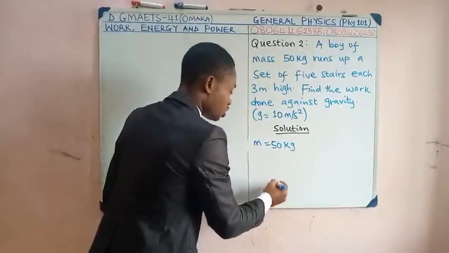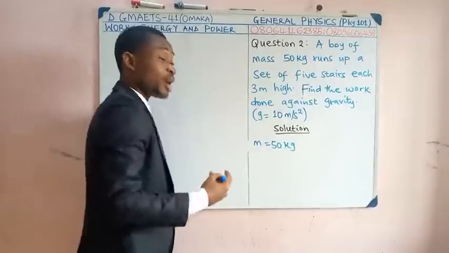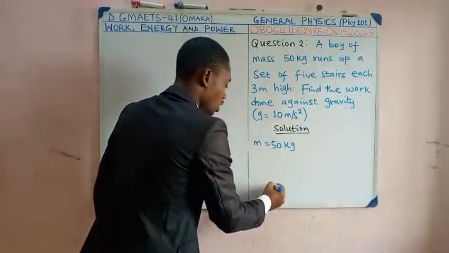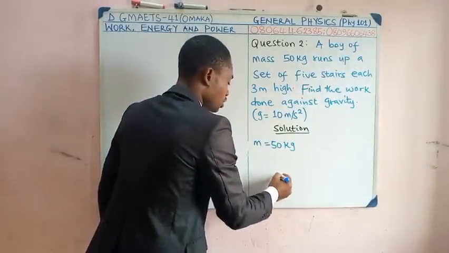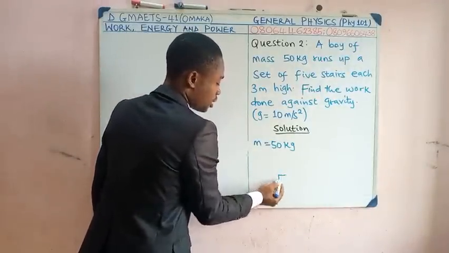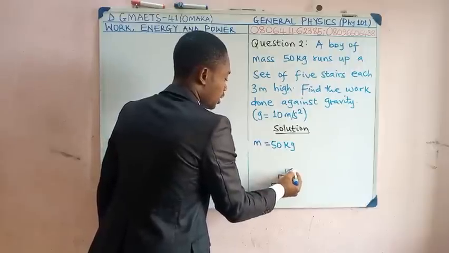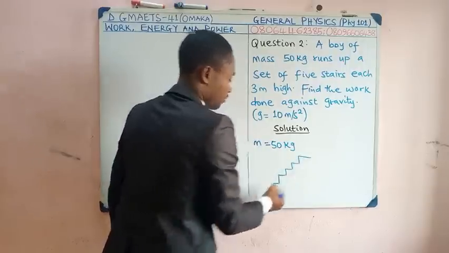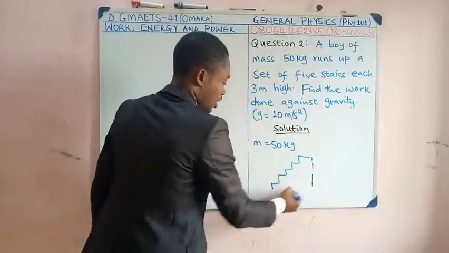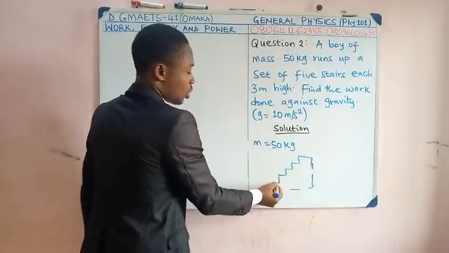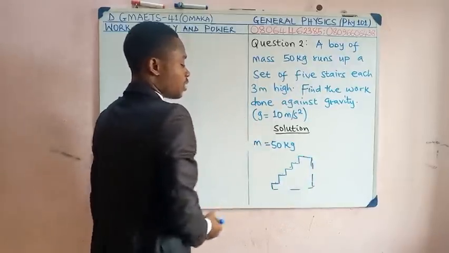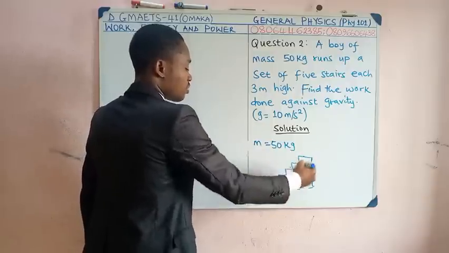What if I just decide to show the diagram of the stair, which of course is not absolutely necessary in solving for objective case of examination? Let's say this is 1, 2, 3, 4, and 5. So these are the stairs. Each of them is 3 meters high.